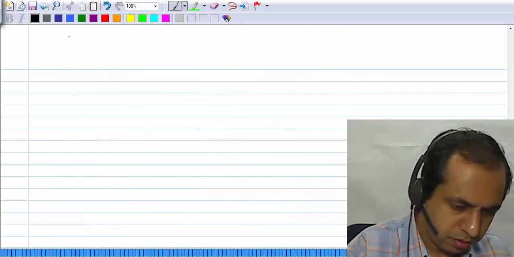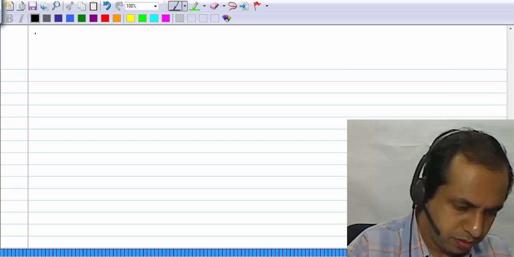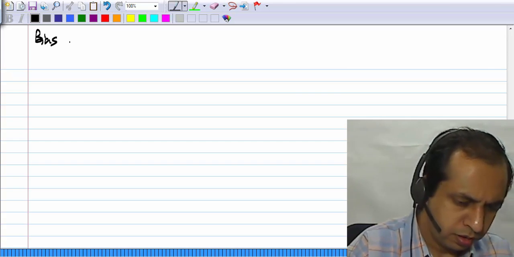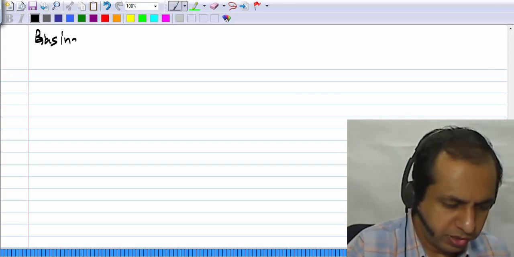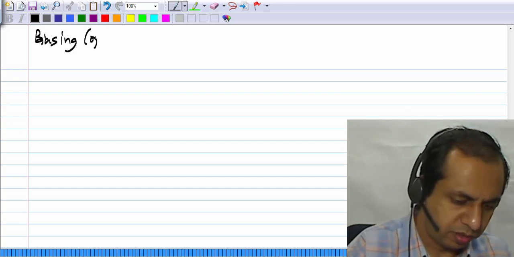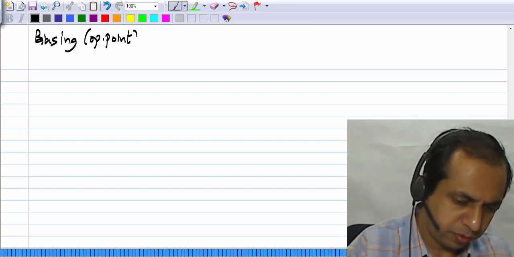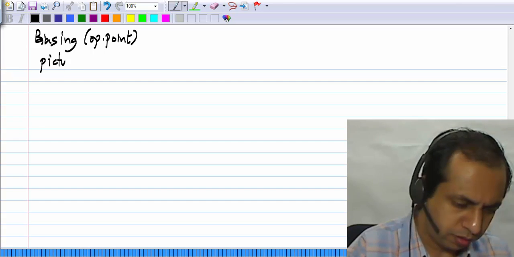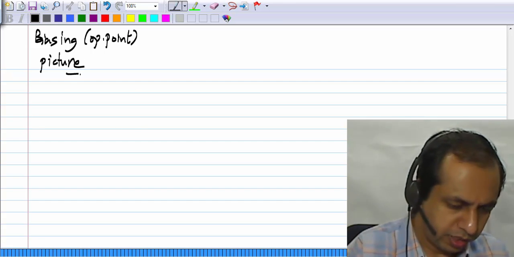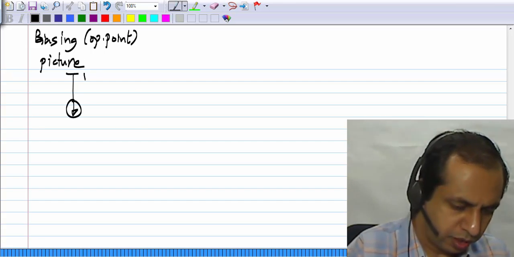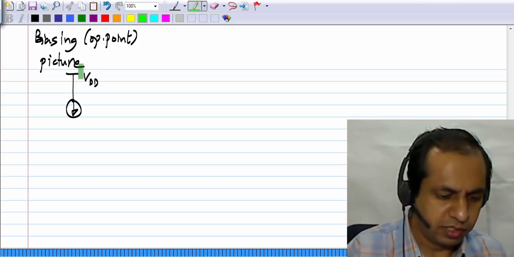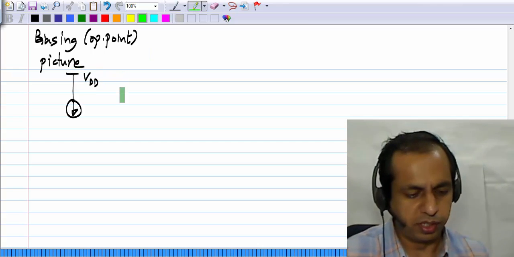So, we have the biasing picture or setting up of the operating point. And in that, I will continue to show it like this. Please understand that there is a battery between this point and ground.